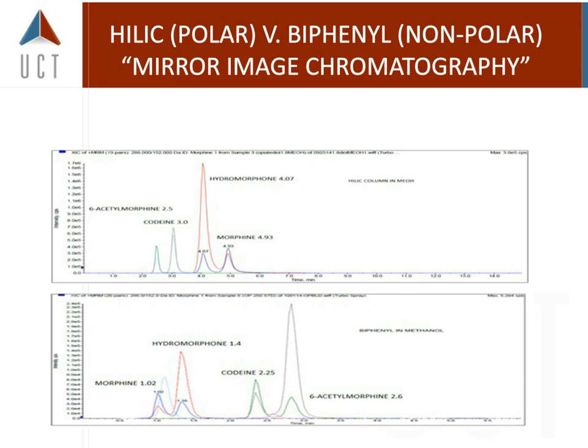So if the phase is polar, compounds that are polar are going to stick more. So that's the complete opposite when you take a polar compound and try to put it on a nonpolar phase. Notice morphine in the bottom does not retain because it's the most polar of the group. Well, if it's on a nonpolar phase, then you would expect it to come out earlier.